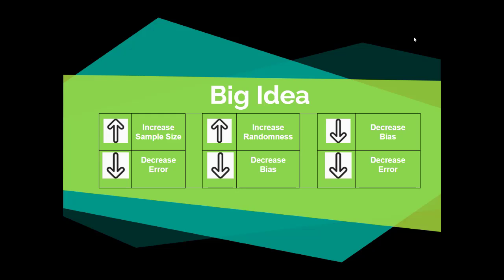To minimize error, we have to make sure that we increase the sample size as much as possible. Also, we need to make sure that we increase randomness as much as possible because that will decrease bias. The more we decrease bias, the less error we will have in our experiment.